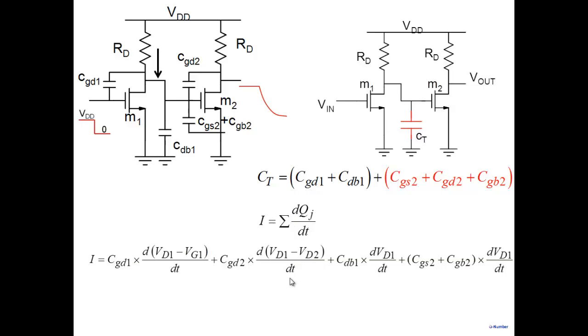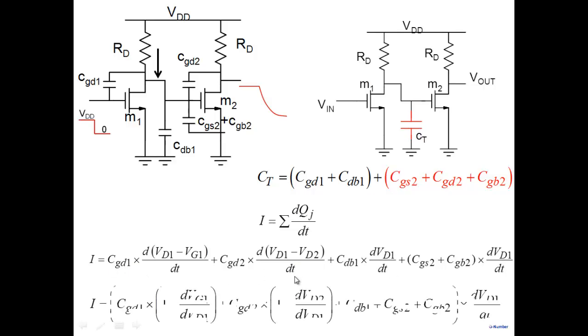CDB1 is fine. It is between here and ground, and CGS2 and CGB2 are also all between ground. So those are okay. That's how the charging current can be written. Now we can take dVD1 by dt out and write the expression in this form. It's a simple rearrangement.